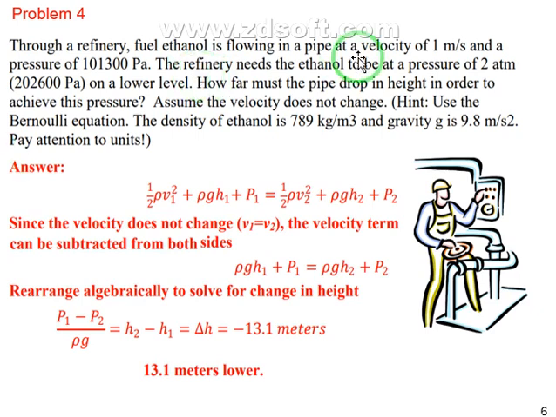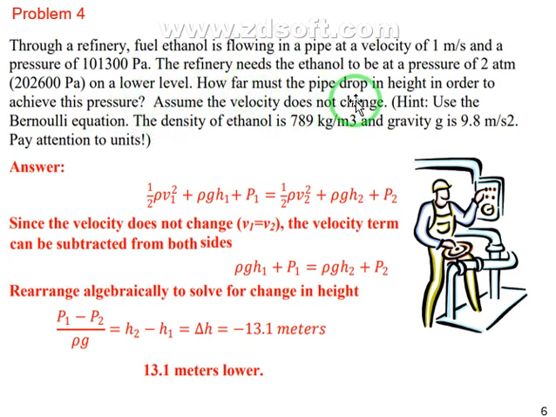So here we need to know how much the ethanol needs to be at a pressure of 2 atmospheres. We need to pressurize this ethanol to be under a pressure of 2 atmospheres on the lower level, right? So we need to know how far the pipe must drop in height in order to achieve this pressure. So I need to know how much I must drop in the elevation to maintain this pressure.